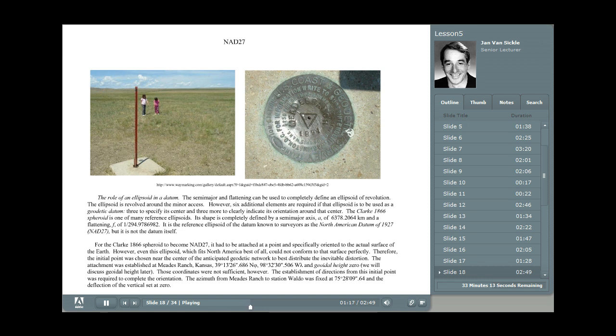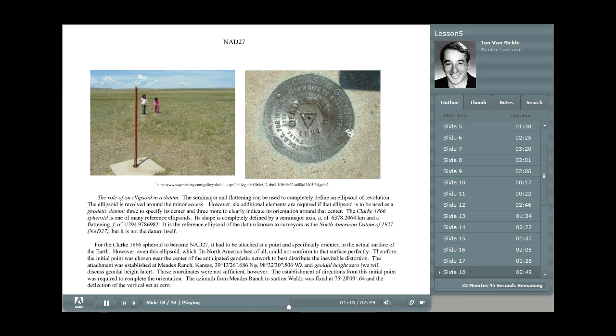And it was the reference ellipsoid of the datum known as North American Datum of 1927, or NAD 27.